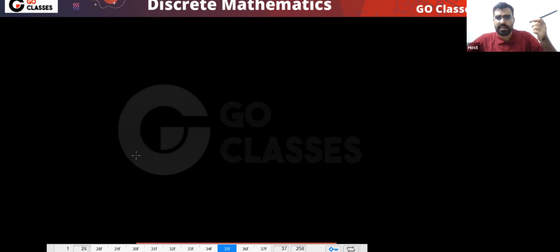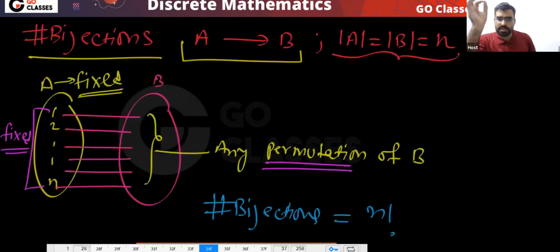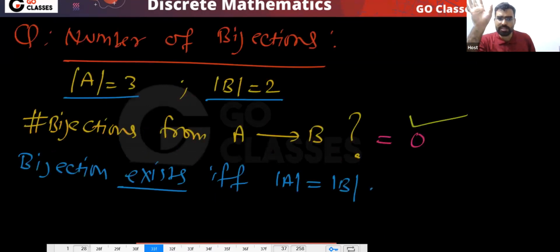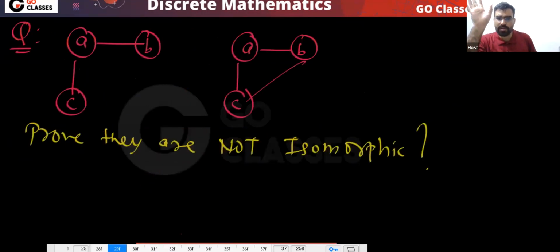Many times I have seen you questioning the definition of generating function, and now the definition of isomorphism. Don't question the definition. All the edges must be preserved. Every single edge must be preserved. If something is not preserved, then cancel. Everything must be preserved.